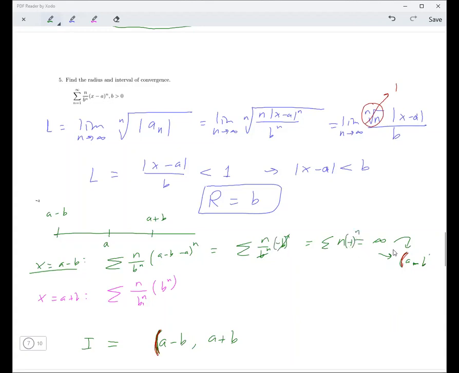But still, that's going to diverge. This one also diverges, which means you're going to have the right parenthesis like that. So you're not going to include the a plus b point. Any questions or concerns about that one?